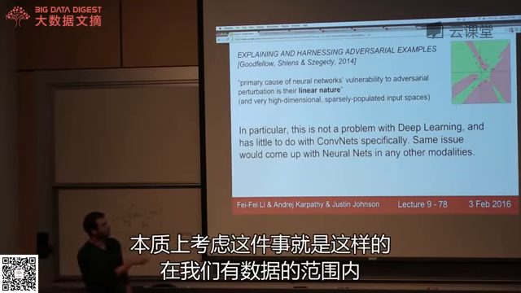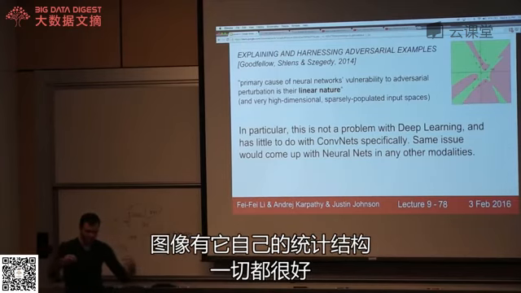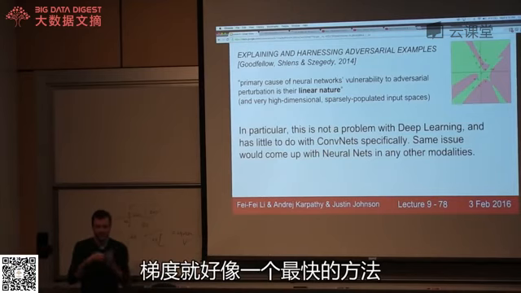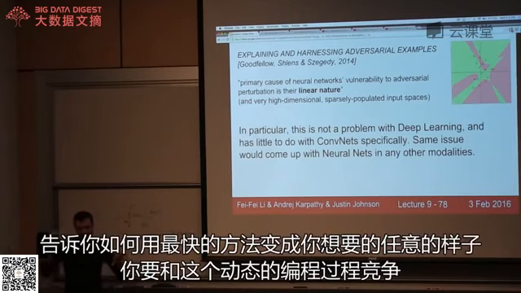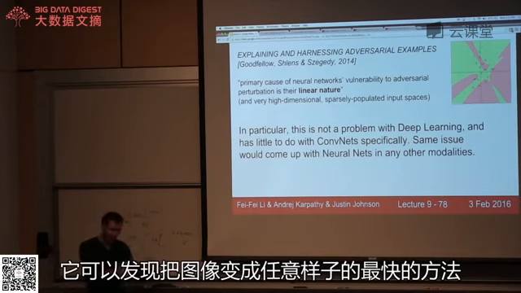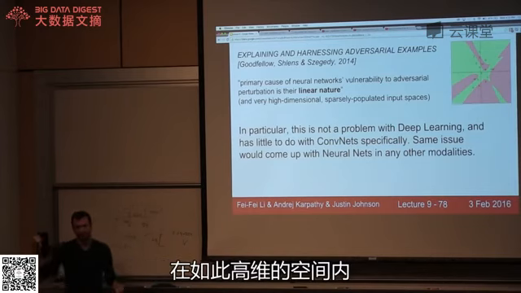Basically the way to think about this is, on the data manifold where we train our images with their specific statistical structure, everything works. But since these things are so high dimensional and we have the gradient, and the gradient tells you the optimal way of screwing up whatever you like, and you're computing it with dynamic programming, which is really backpropagation, a dynamic programming way of figuring out how to change your image in the optimal way to do anything you like downstream.